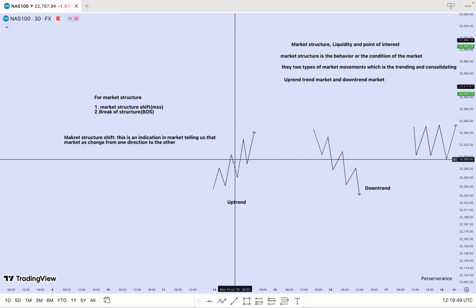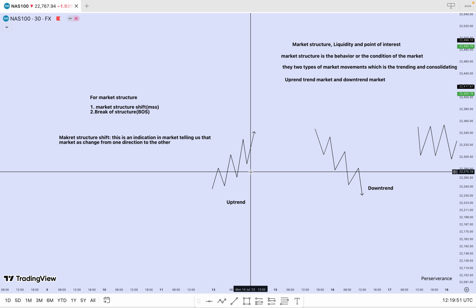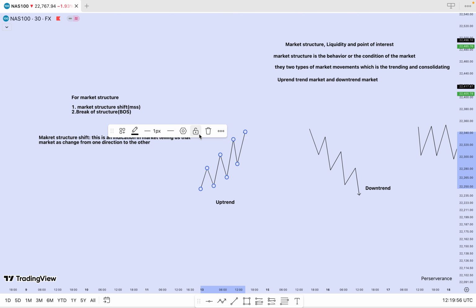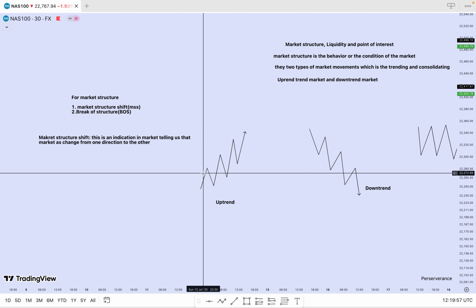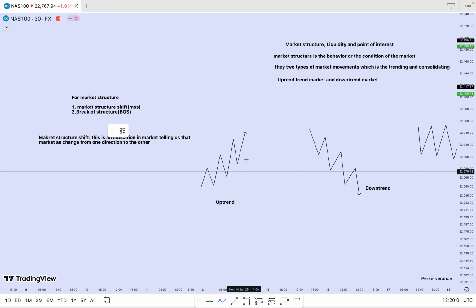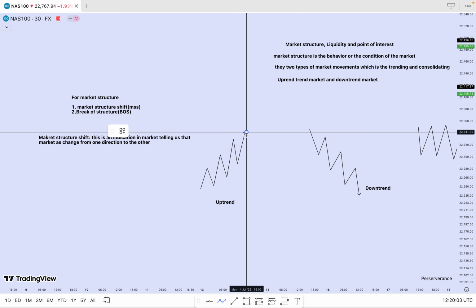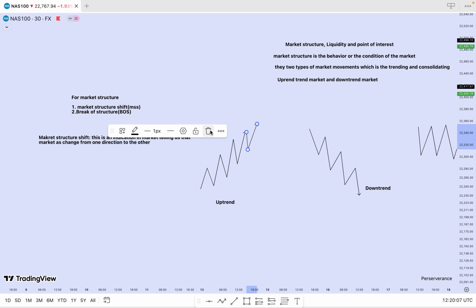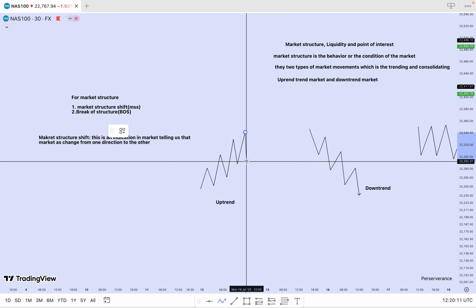So let me use this uptrend for an example. The market is in an uptrend, creating higher highs and higher lows, right? But then instead of price creating another higher high, price was unable to do that, and then the market actually broke past this previous low.